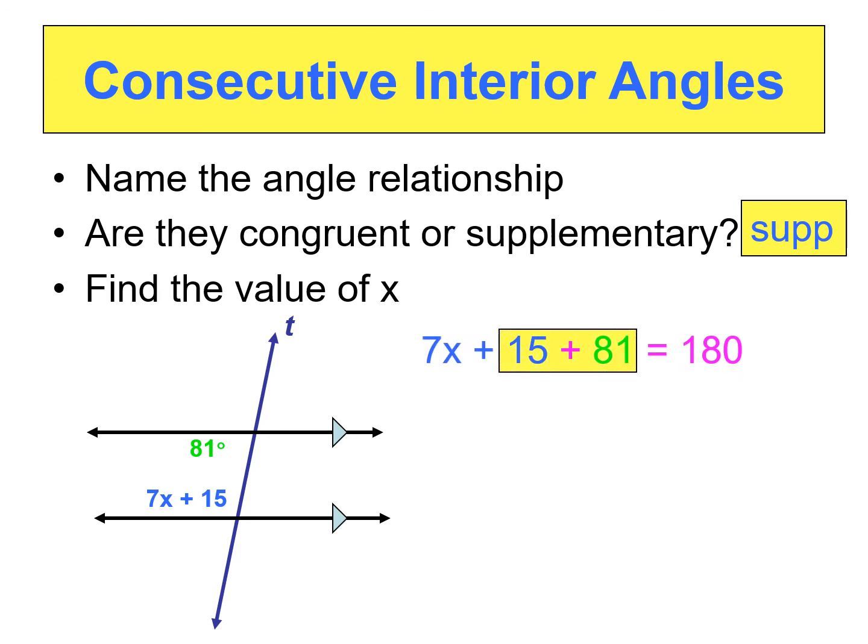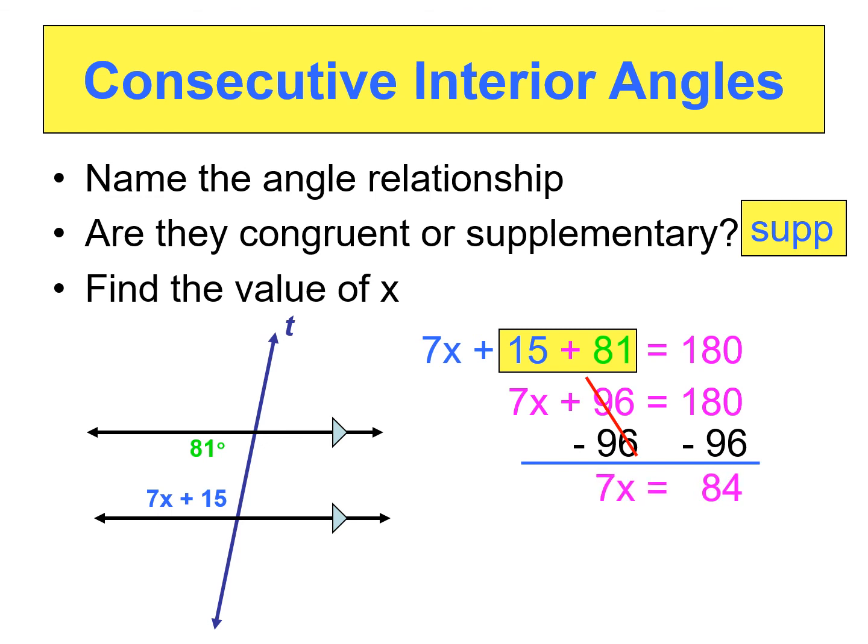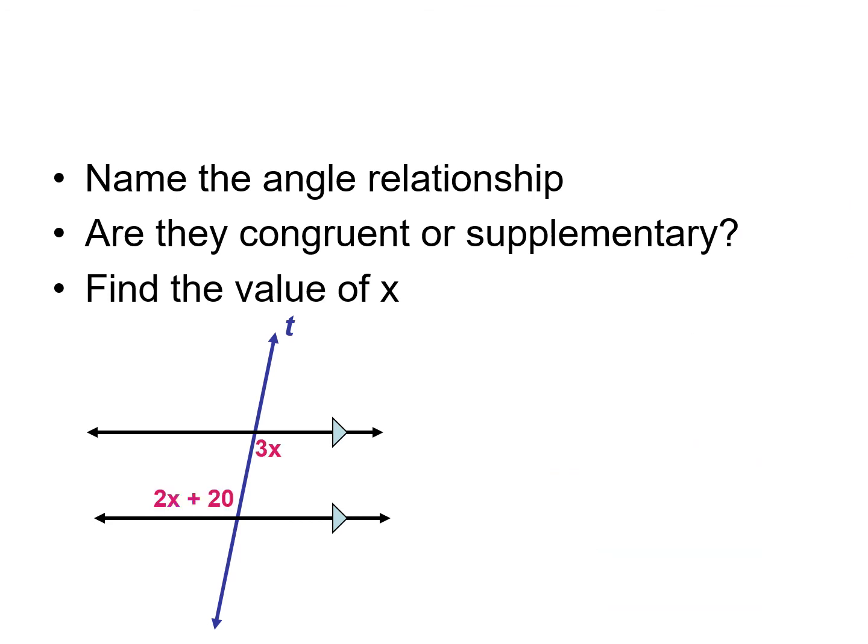So 7x plus 96 is equal to 180 degrees. Subtracting 96 from both sides, we get 7x is equal to 84. So the final answer, when we divide both sides by 7, is that x is equal to 12.